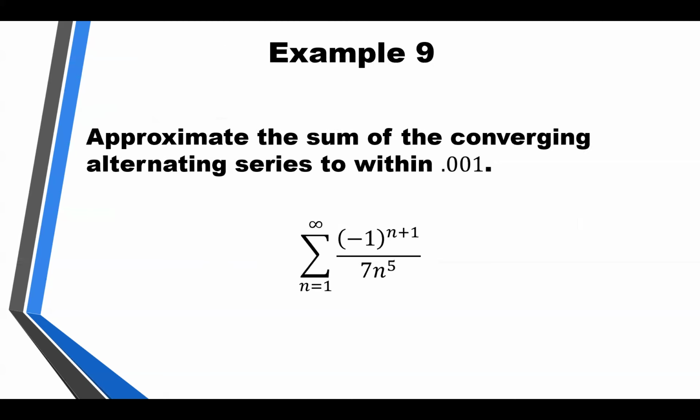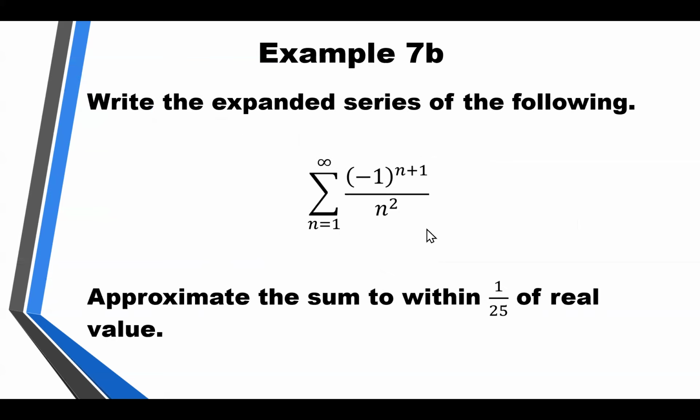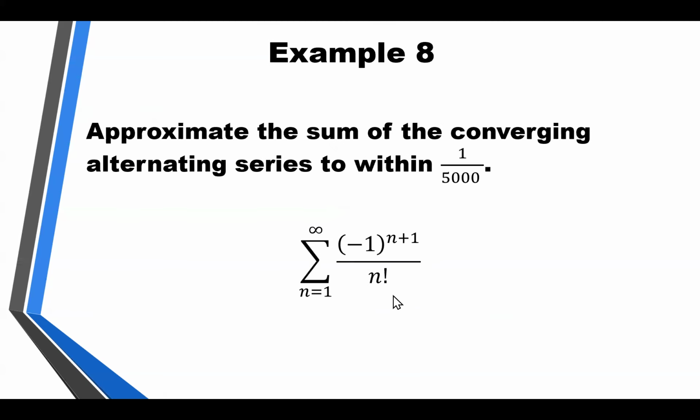One thing I want to mention, in these previous examples, it took us a sum of the first 4 terms to approximate within 1/25th. In this scenario, it took us like 7 terms, the partial sum of the first 7 terms, to approximate within 1/50th here. To approximate within 1/5000th, we used the first 6 terms here.